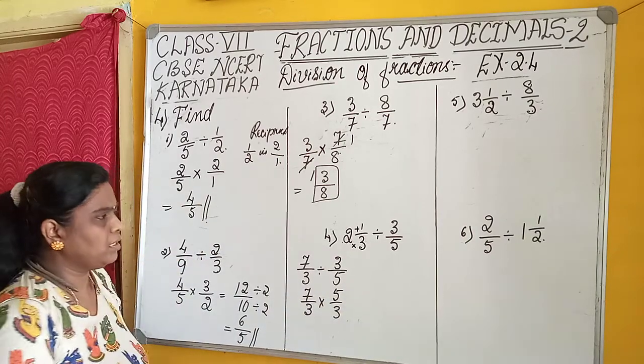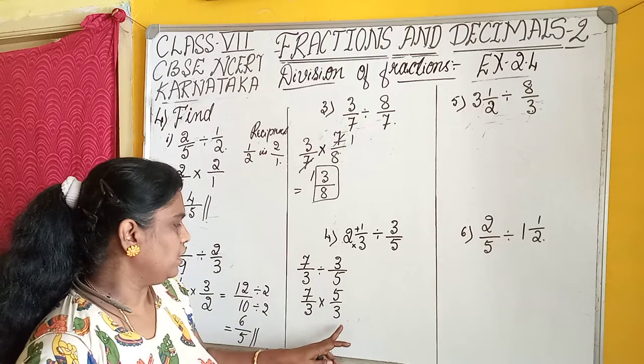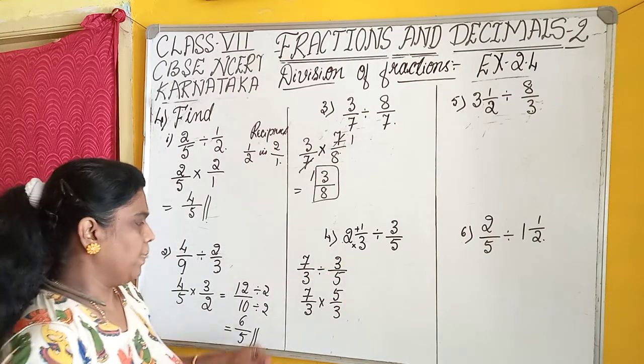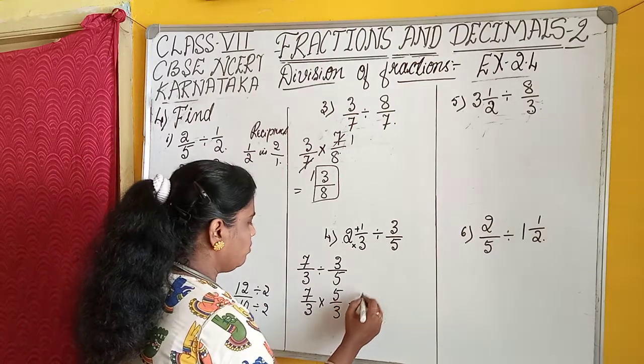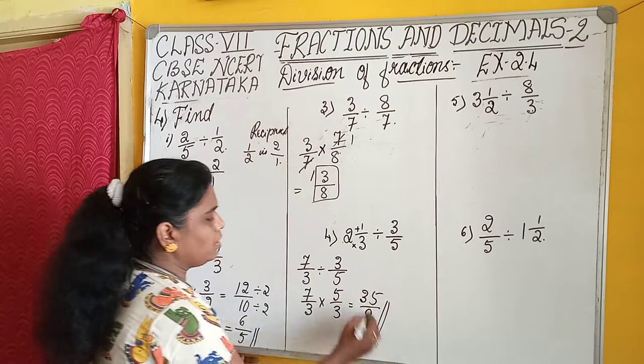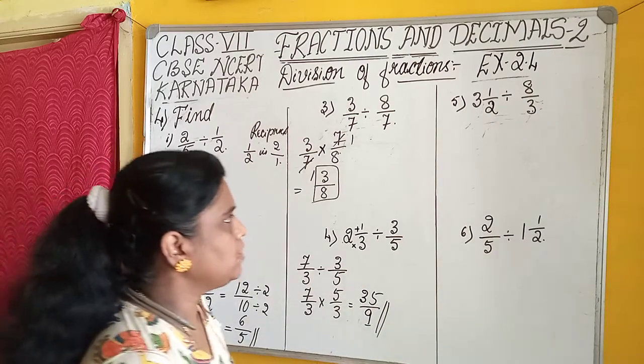Okay students, here the numerator will become the denominator and the denominator will go to the numerator. That is equals to 7 5s are 35 divided by 9. Okay, there is no common divisor, keep as it is.